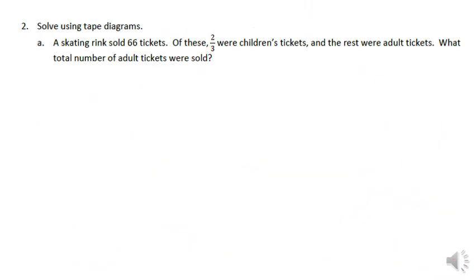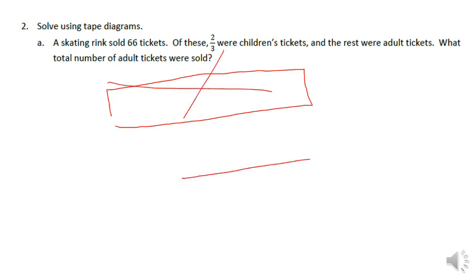2. Solve using tape diagrams. A skating rink sold 66 tickets. Of these, 2/3 were children's tickets and the rest were adult tickets. What total number of adult tickets were sold? Now, this is where a tape diagram comes into play. Let me draw another one.